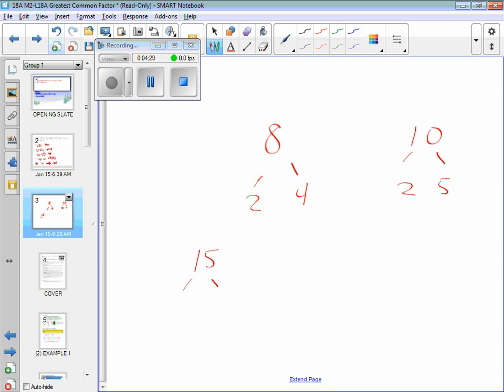15. Give me 2 numbers. 2 numbers for 24. What's the greatest number that goes into both? Now, this is tricky because, look, we can't see it here.